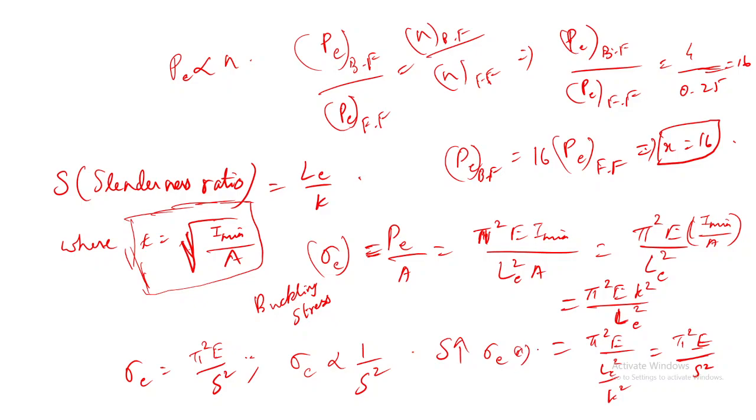It decreases. If the buckling load or stress decreases, then it will fail at a very small load. So we have to design the column in such a way that it has a very low value of slenderness ratio.